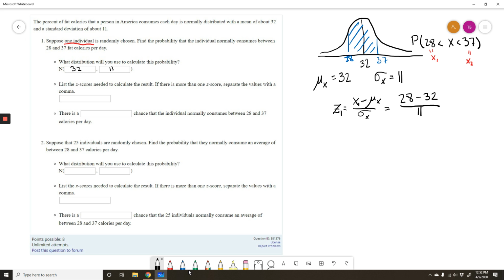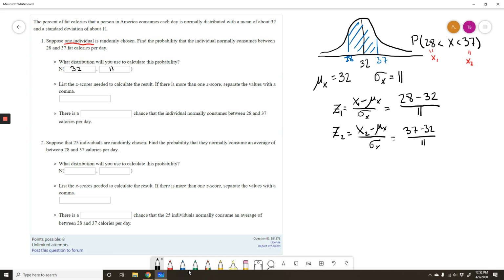And z2 is going to be x2 minus the mean of the population over the standard deviation of the population. So that's going to be 37 minus 32 over 11.